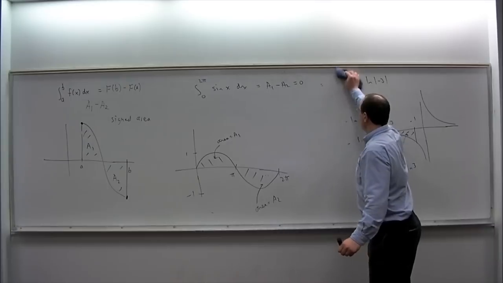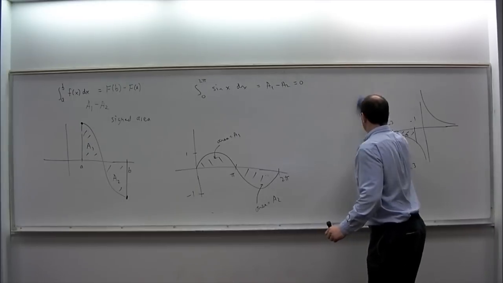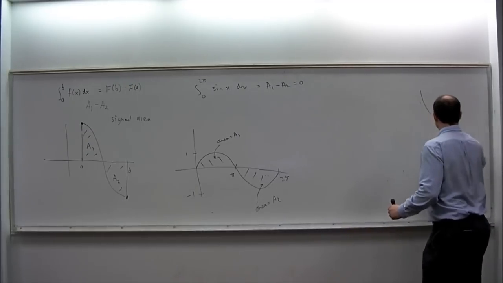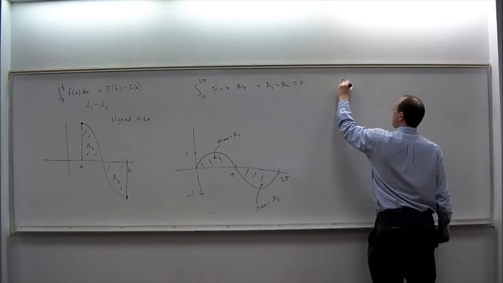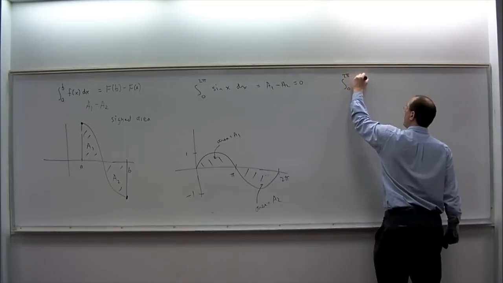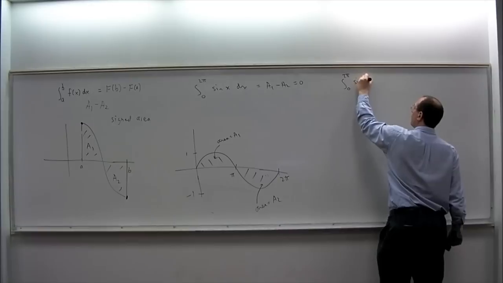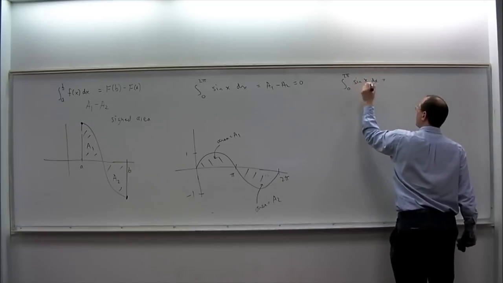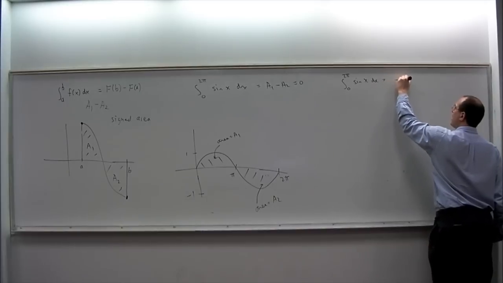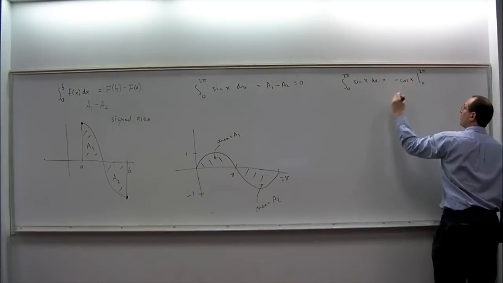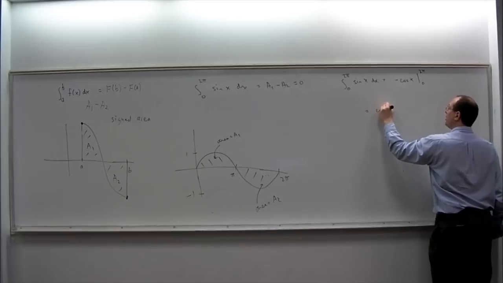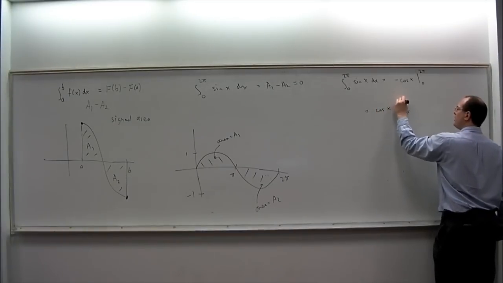Let's do the computation. The integral of sine x from 0 to 2 pi: the antiderivative of sine is negative cosine. And then we can change that to cosine of x and switch the 2 pi into 0.